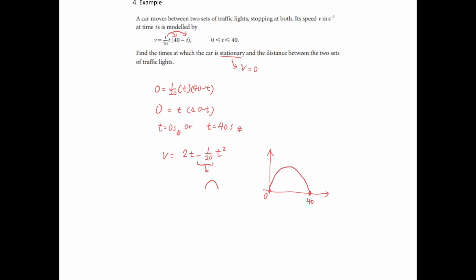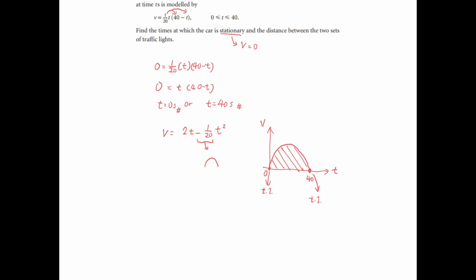So it's like this, v against t. Now, in order to find the distance between the two sets of traffic lights, you have to know that the traffic lights are at this point and here. To find the distance, you have to find the area. And to find this area, we have to integrate.